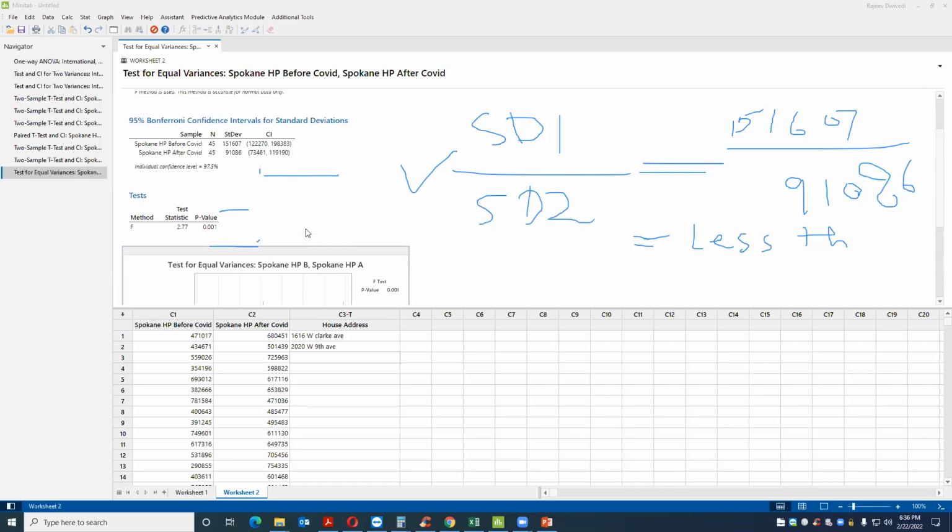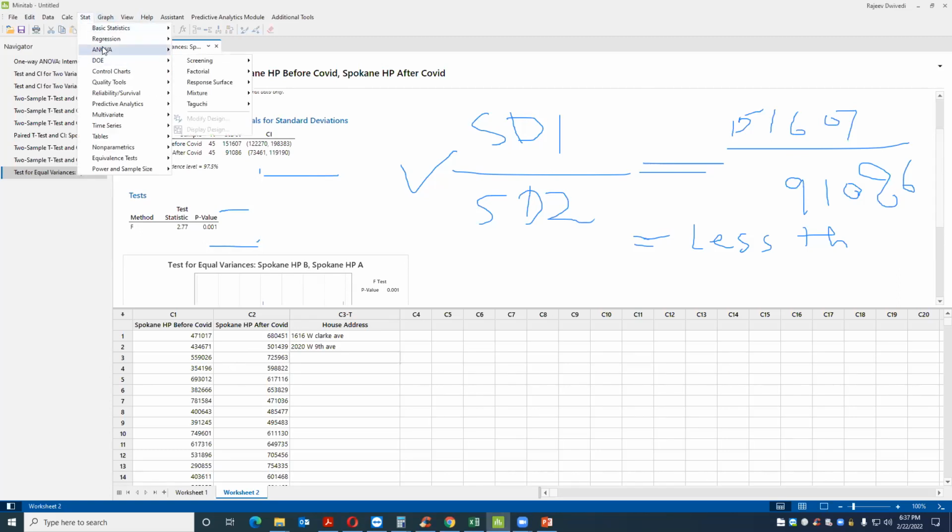Now we assumed normal distribution. Let's look into the housing prices being normally distributed in Spokane and Liberty Lake, before COVID, after. Now think about if it is not normally distributed. So I just go here, I go under this, and we have ANOVA, Test for Equal Variance.